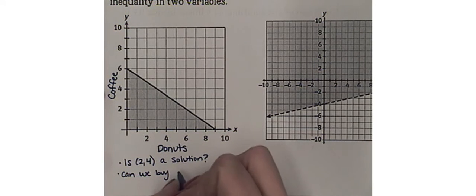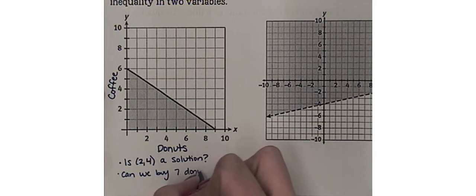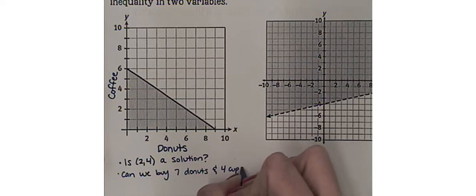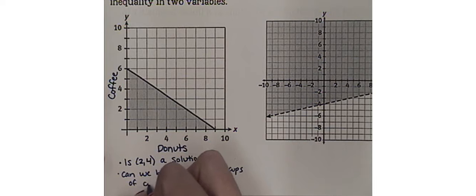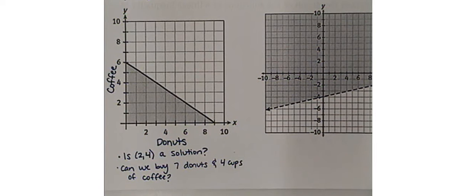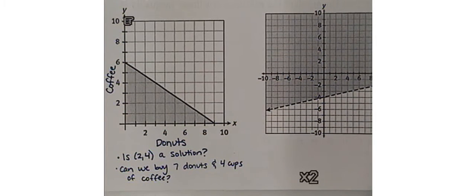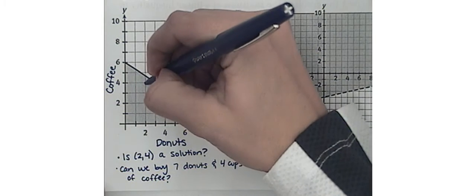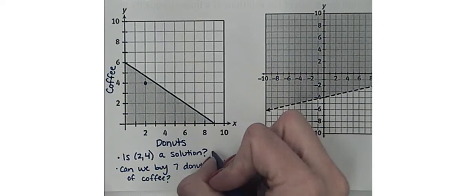Can we buy 7 donuts and 4 cups of coffee? Yes or no? So if I go over to 2, up to 4, is it a solution?